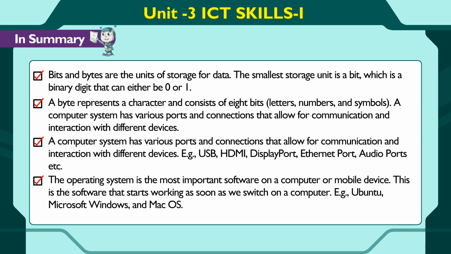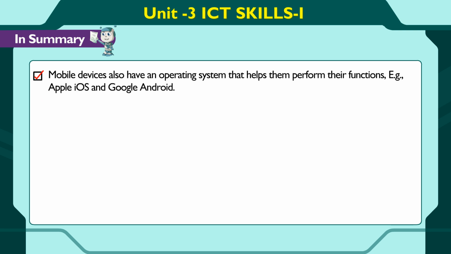The operating system is the most important software on a computer or mobile device. This is the software that starts working as soon as we switch on a computer, that is, Ubuntu, Microsoft Windows, and Mac OS. Mobile devices also have an operating system that helps them perform their functions, that is, Apple iOS and Google Android.